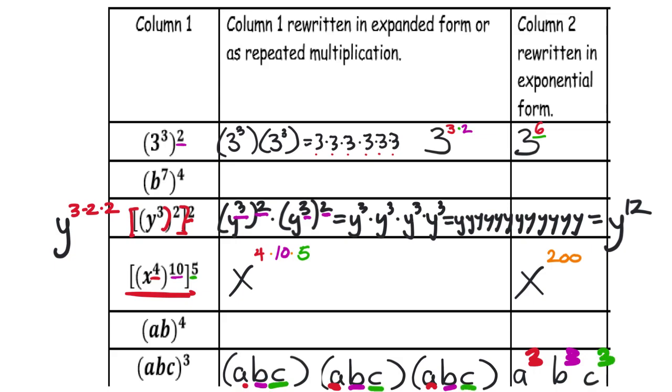And again, this kind of goes back to the idea of multiplying the exponents, since they're separated by parentheses here. You'd have to remember that the a has an exponent of a phantom 1, the b has an exponent of a phantom 1, and the c has an exponent of a phantom 1.